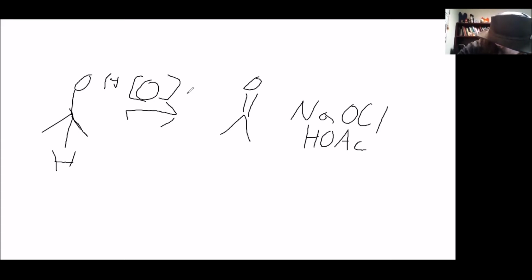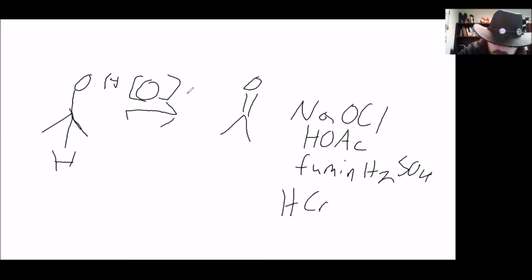We could do this with some sort of fuming sulfuric acid and dichromate to form chromic acid. Basically, some really strong oxidant. We talked all about those.